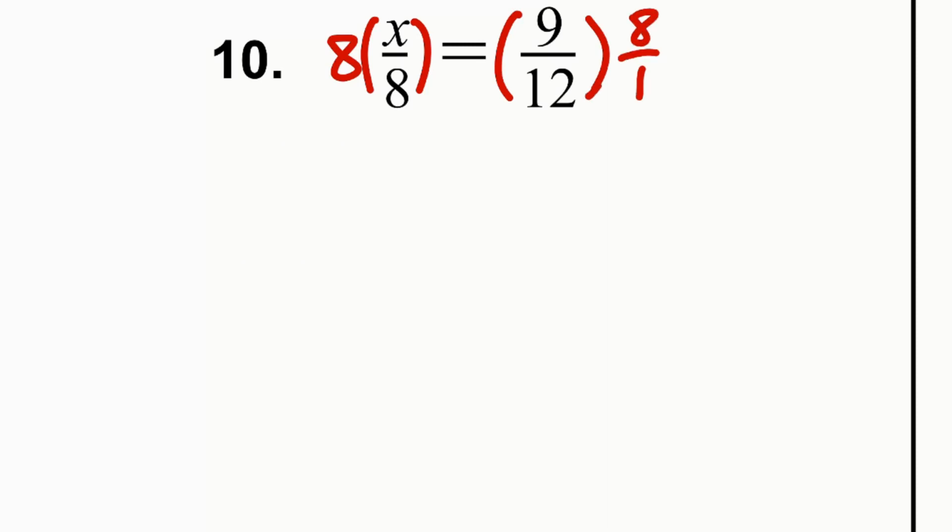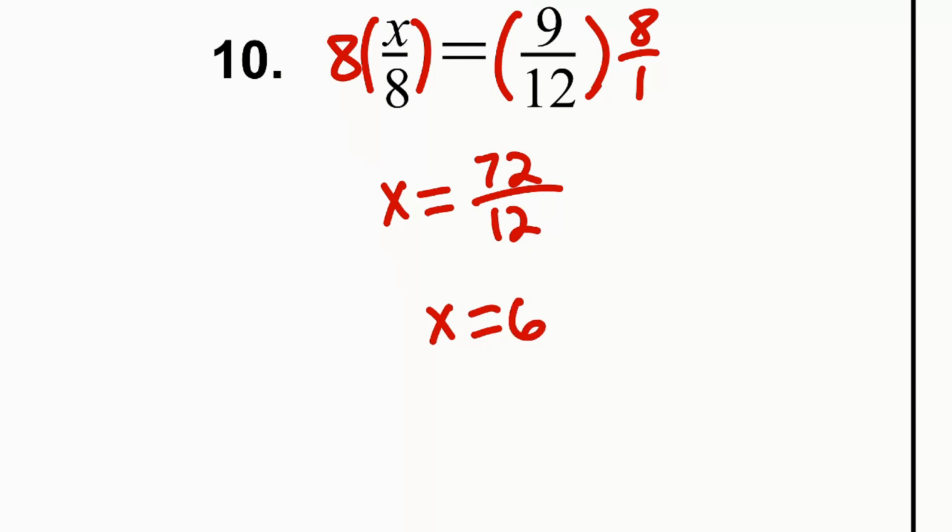Multiplying by 8 is multiplying by 8 over 1. So on the left-hand side, we'll just have x. And on the right, multiplying fractions, we multiply across the numerators. That's 72 over, across the denominators, 12 times 1 is 12. And 72 divided by 12 is 6. So our answer is 6.